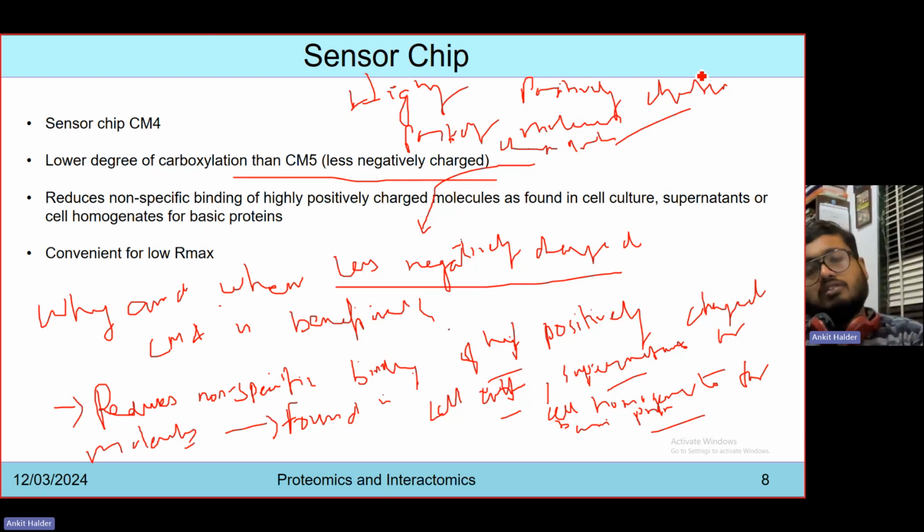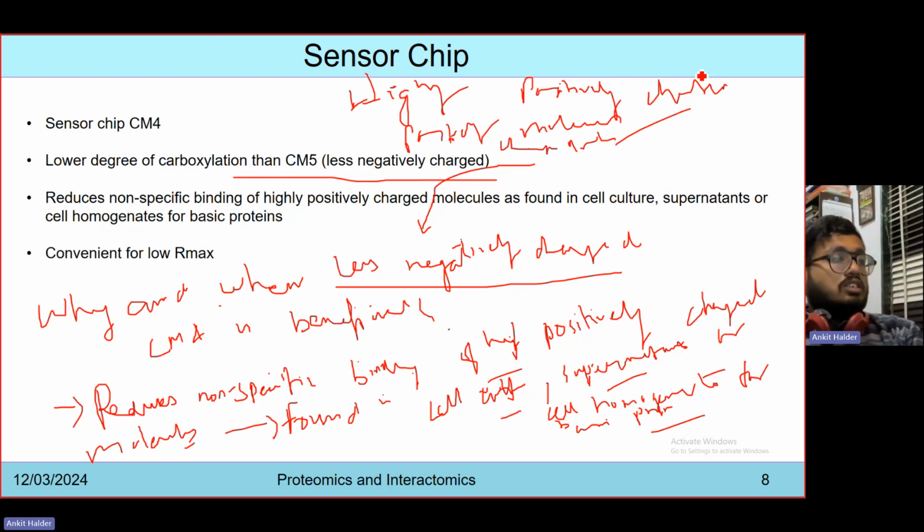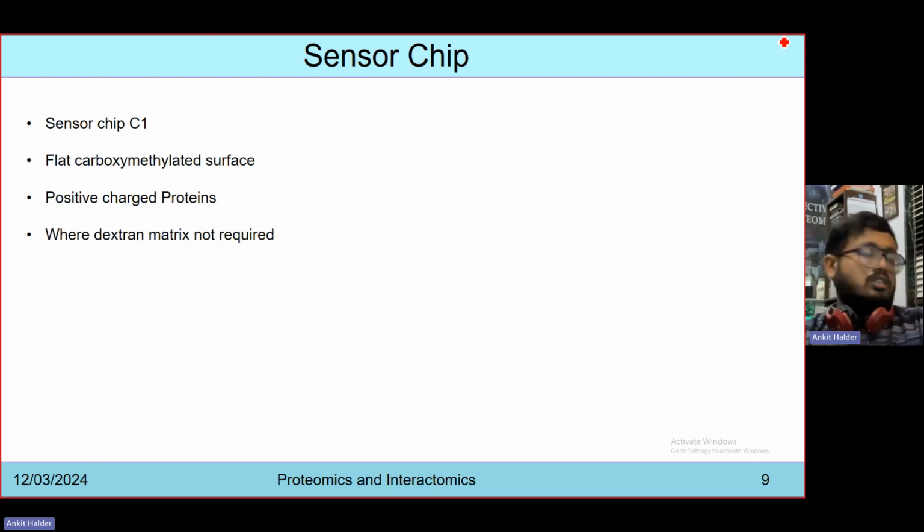Those highly positively charged molecules won't bind to it, which ensures less non-specific binding. And it is also convenient for low mass.